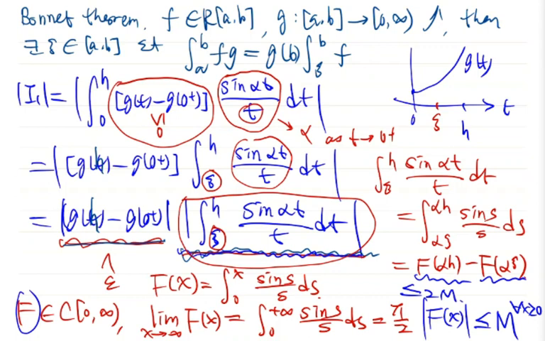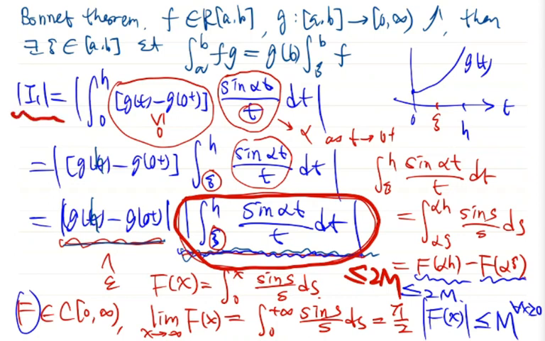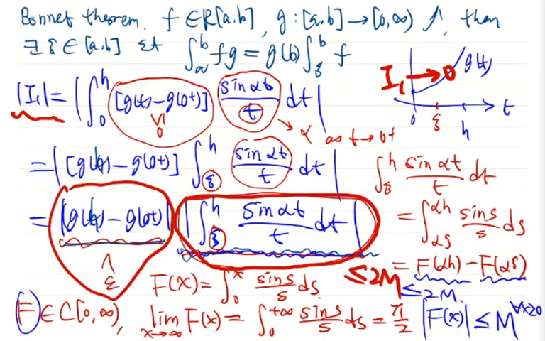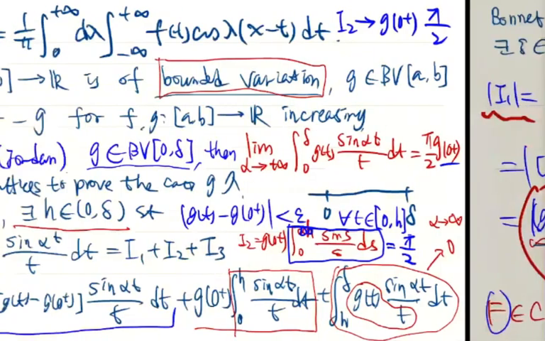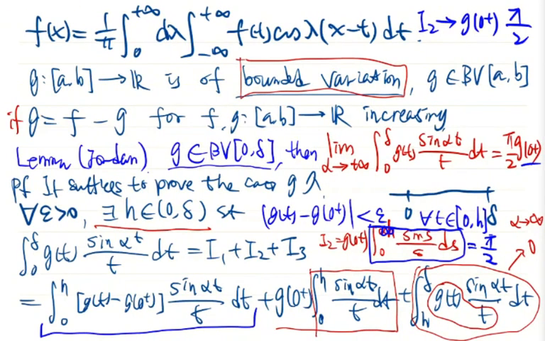So this term will not be greater than 2M. We conclude that when alpha is large enough, the absolute value of I1 will not be greater than 2M multiplying this epsilon. Therefore, this tells us that I1 goes to 0 as well, concluding the proof of the Jordan lemma.